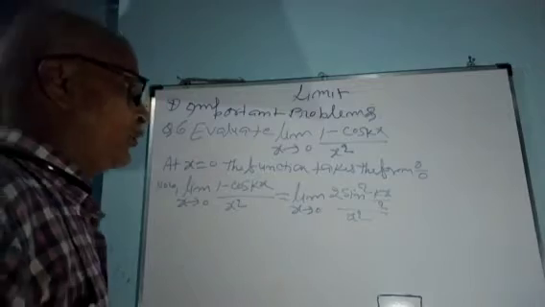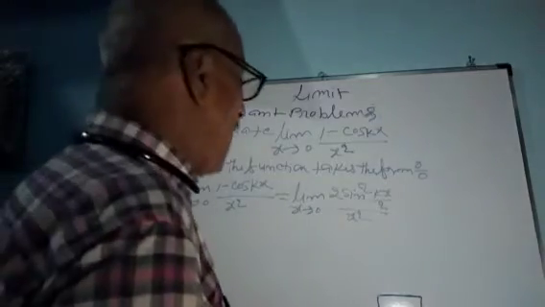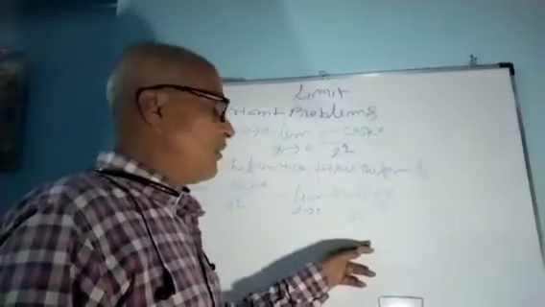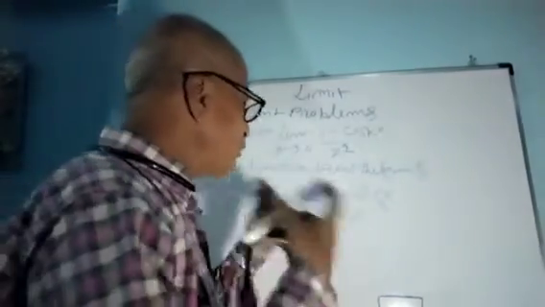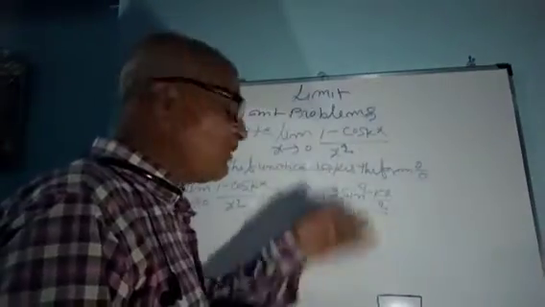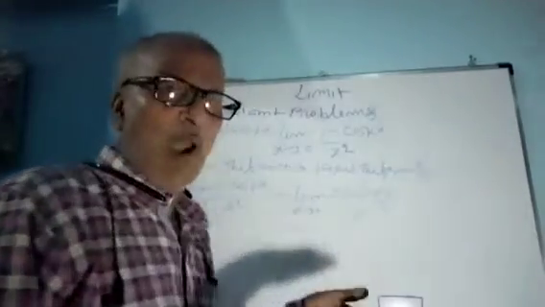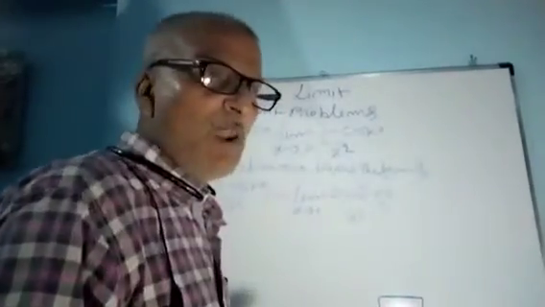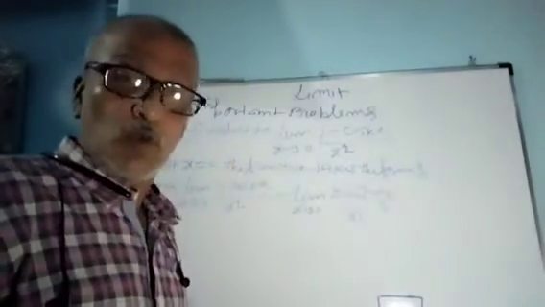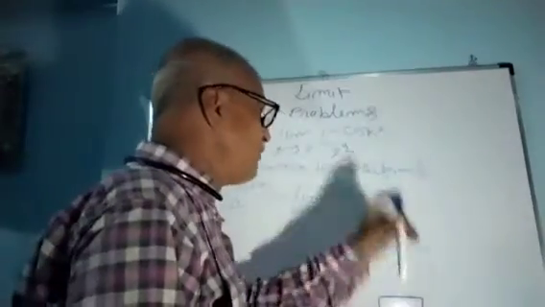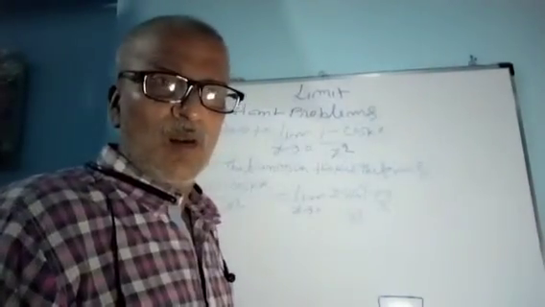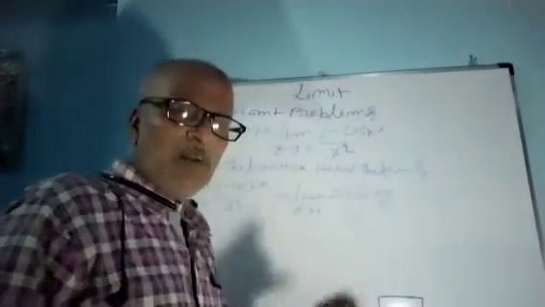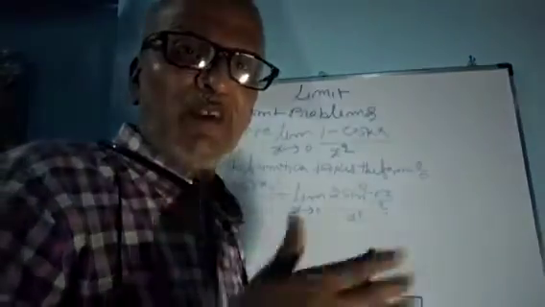Here we divide the function by 1 by 2 square, and we divide by k by 2 square. So we also multiply the function by k by 2 square, so that the function does not change.